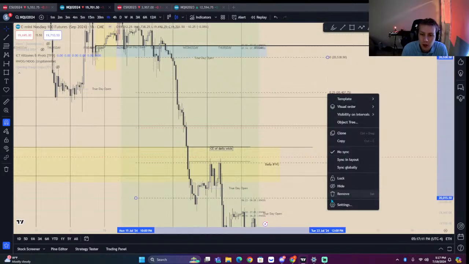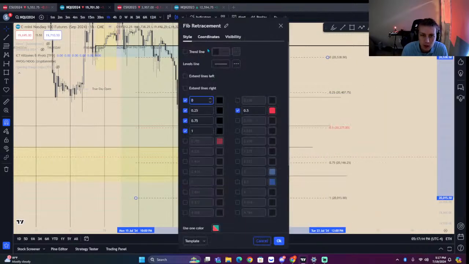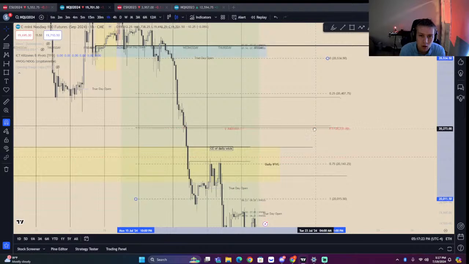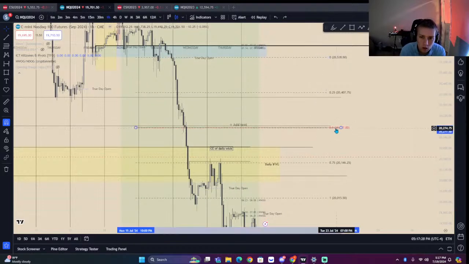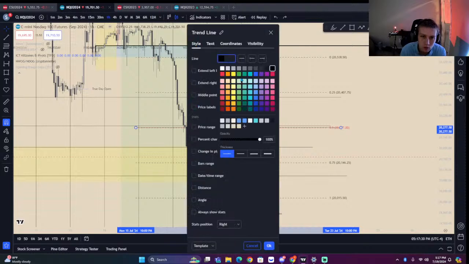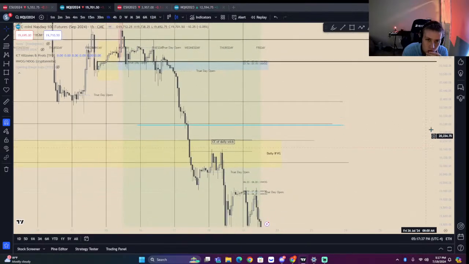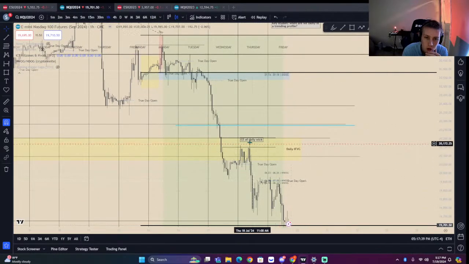I guess I got a new toy now, the Event Horizon PD array. Oh, we enter that at 9 a.m.